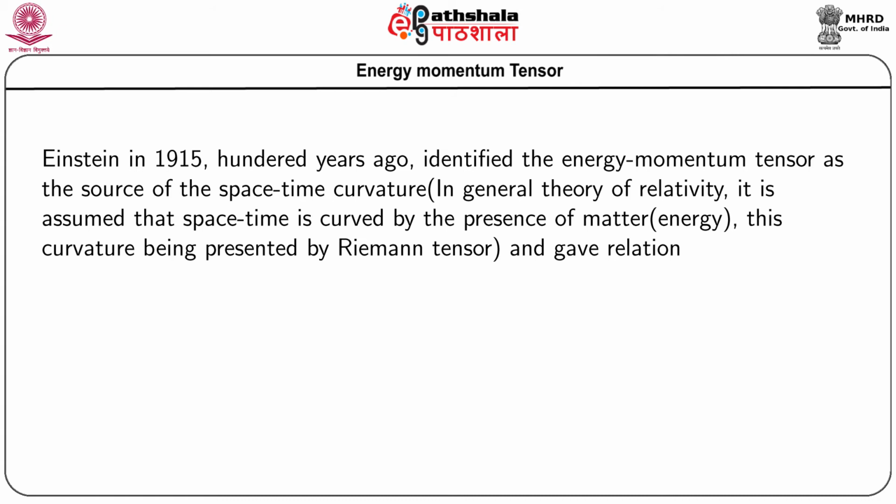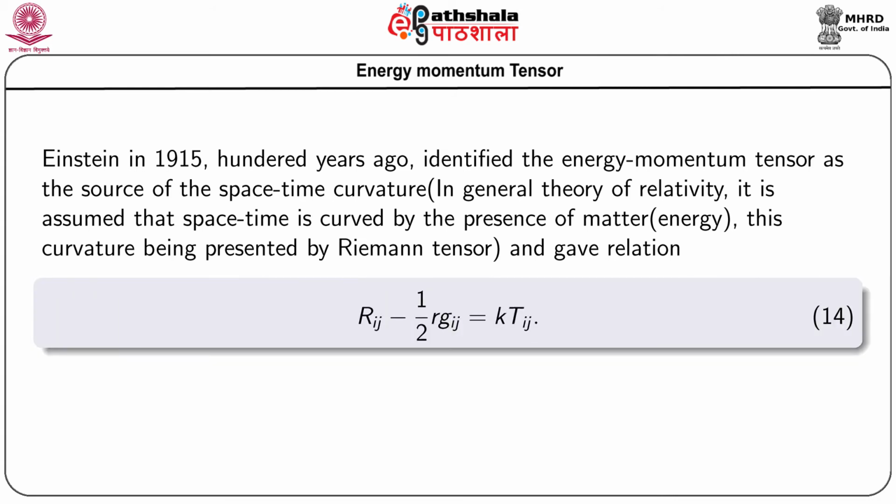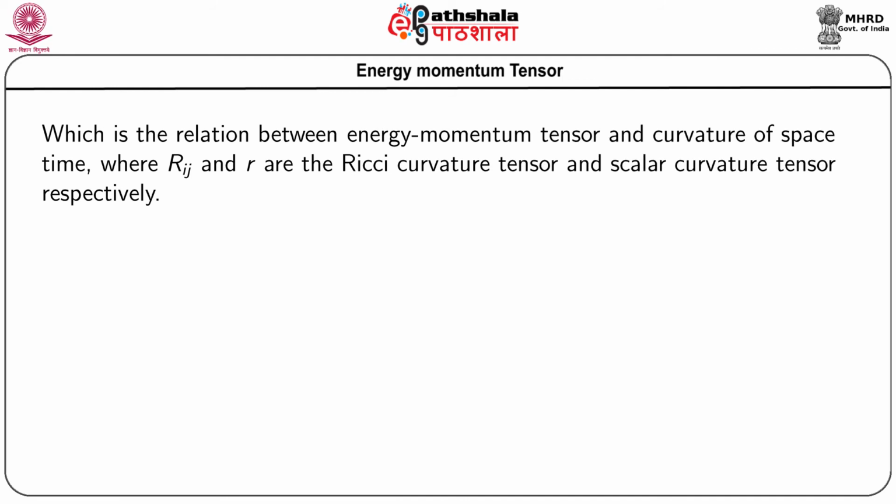And he has given the relation R_ij minus half R g_ij equals k T_ij, where R is the scalar curvature of the space, R_ij is the Ricci curvature tensor, and g_ij is, as we know, the metric tensor. This is the relation between the energy momentum tensor and the curvature of space time.